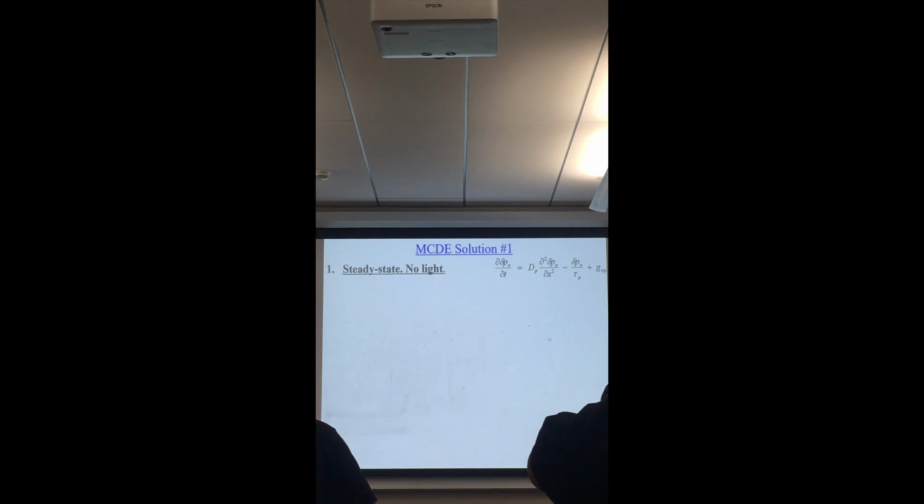Yes, G sub OP is 0. So this optical generation rate is 0 because there is no light. And how about the steady state? Yes, exactly. It's not changing with time, so any time derivative is 0.